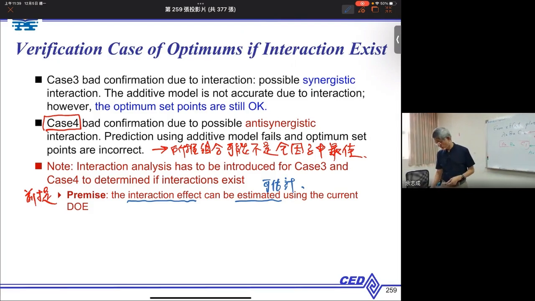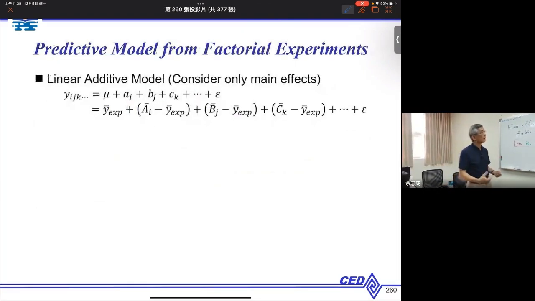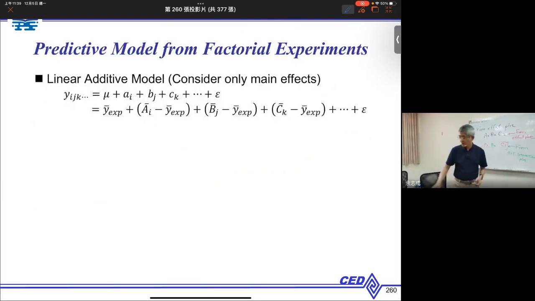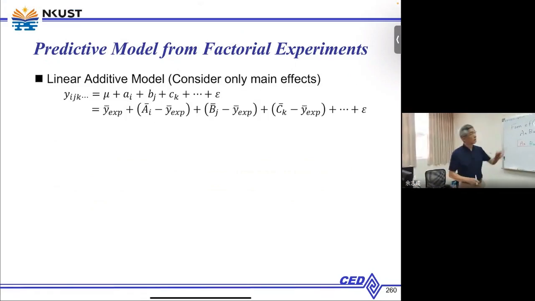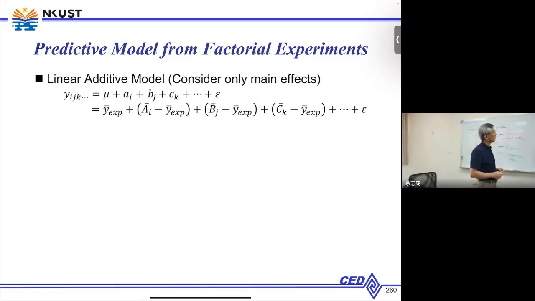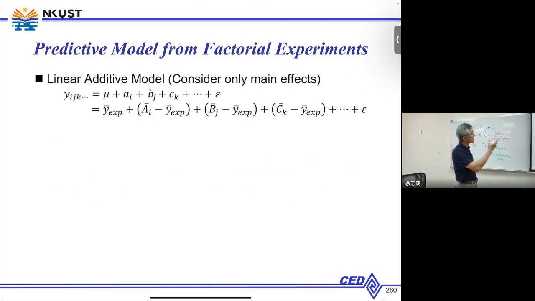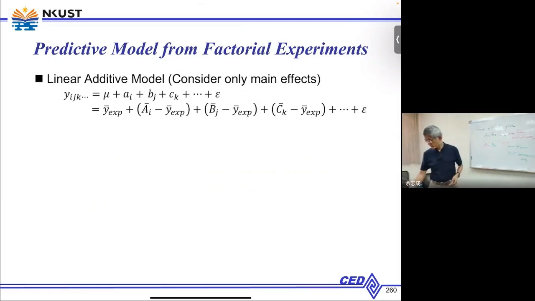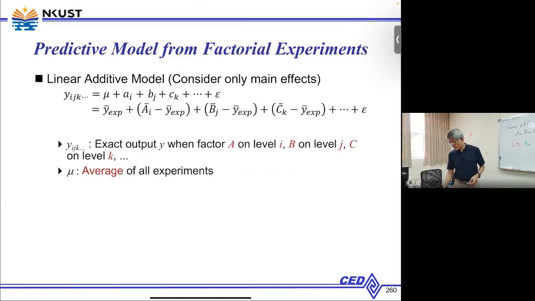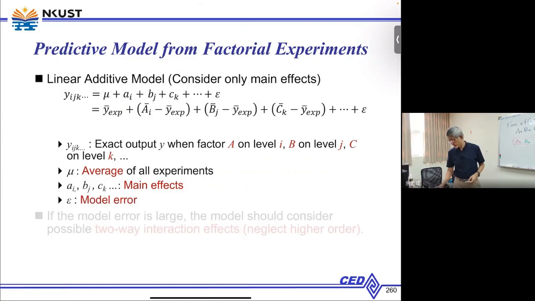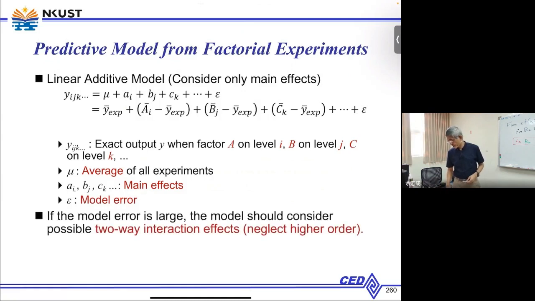What does that mean? What do I mean by current analysis? Let's look at our dating model again. In this case, the dating model will have A, B, C, 3 factors. And this is the dating model. From here, you can see mu is the total average, ABC will be the main effect, and epsilon will be the possible error.